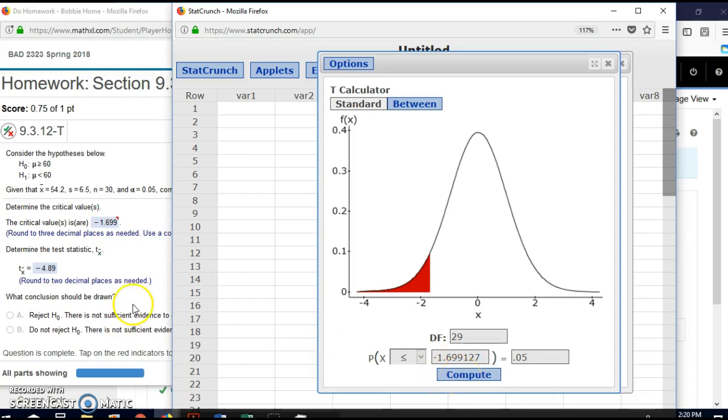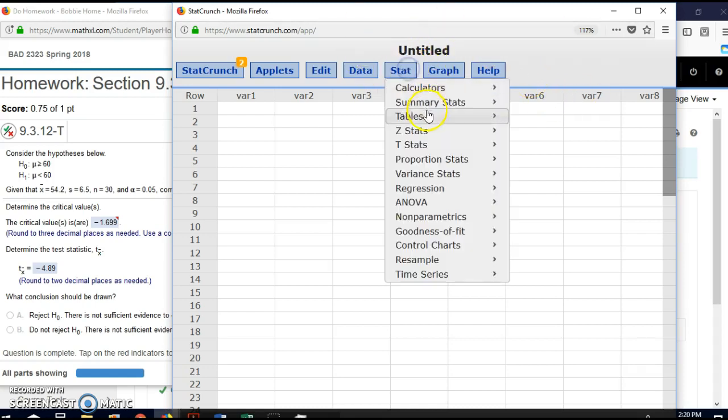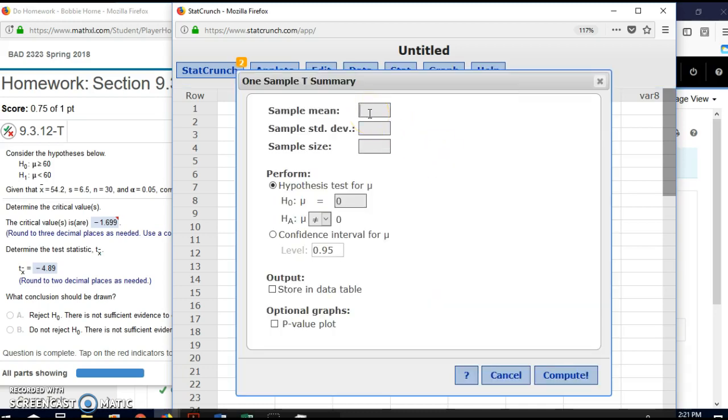So I showed you how to calculate it by hand, and I showed you how to calculate it in StatCrunch. Now, to determine the test statistic, we're actually going to do this in StatCrunch. So we go to Stat, we go to T-Stats, one sample with summary, and we put in our sample mean, which is 54.2.